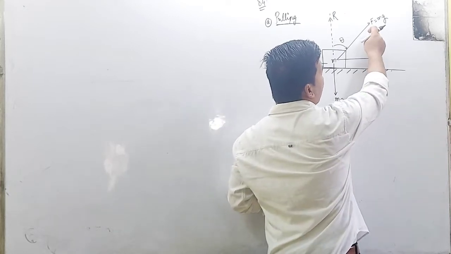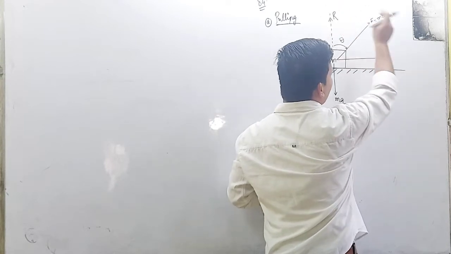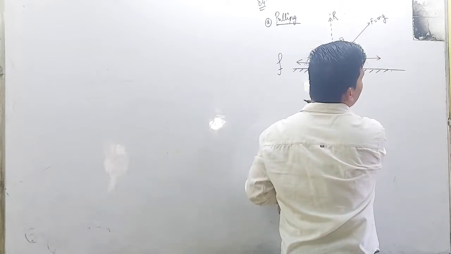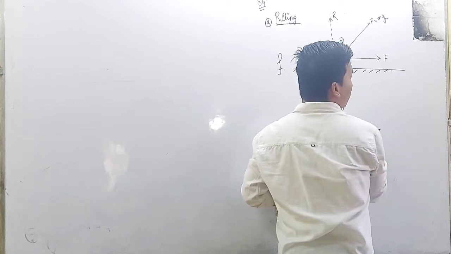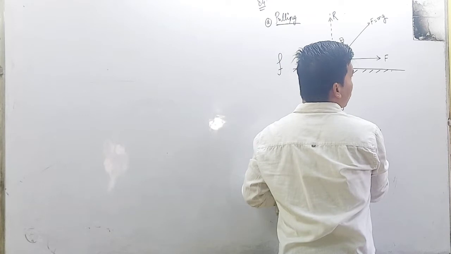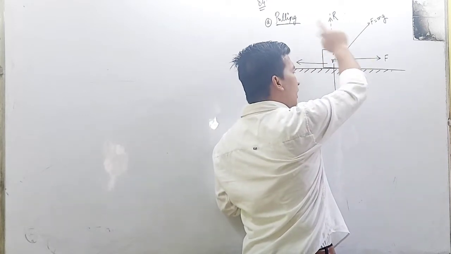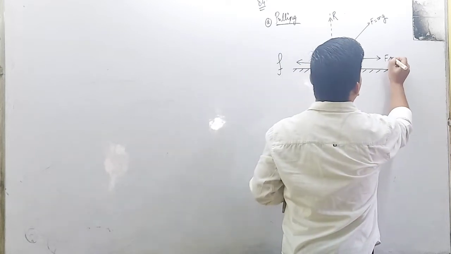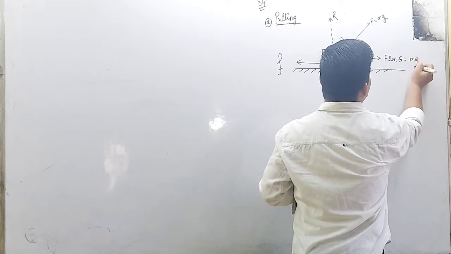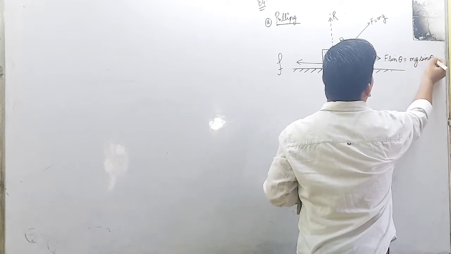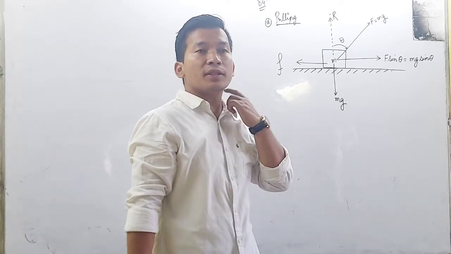When this externally applied force F equal to mg is resolved along the normal direction and along the horizontal direction, the components are F sine theta and F cos theta. Vertical component: F sine of theta, which can also be written as mg sine of theta, because F is given to be exactly equal to mg.